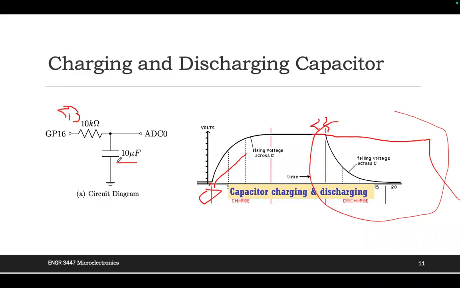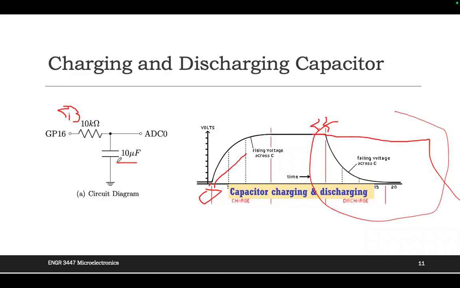But in parallel, it will not change. That makes sense to you? So the ADC is just like connecting a multimeter to measure the voltage. That makes sense to you?